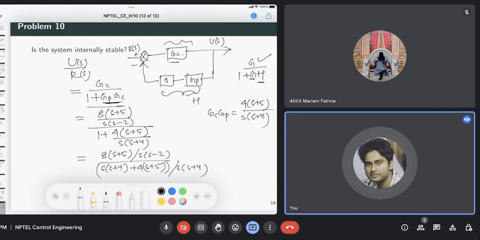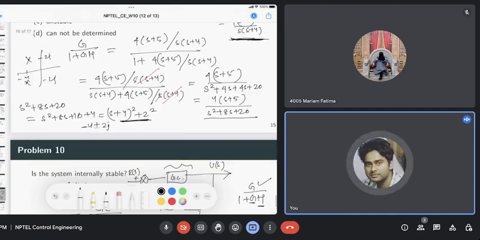Now you see that only this s term will cancel, other terms will not cancel. So this will be 8 into (s plus 5) times (s plus 4), divided by this term we computed here. This is exactly this term, right?